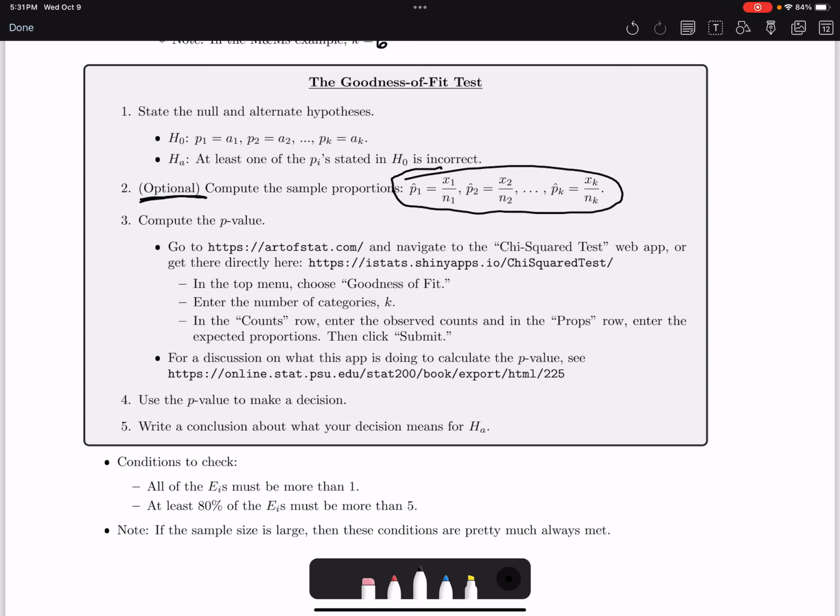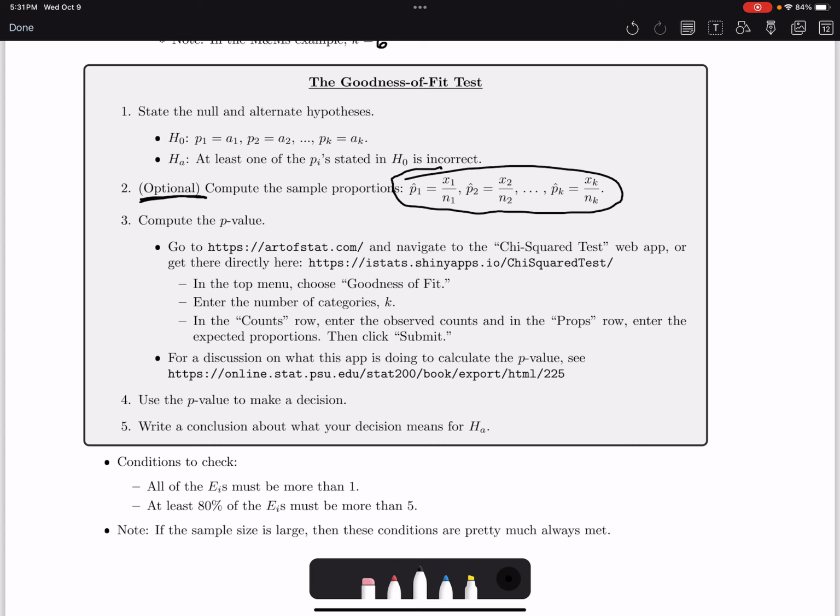Fortunately, when we run this test in the app, it will do a lot of that work for us, although it might not give us the sample proportions. We can play around with it and see if we can get it to give us sample proportions, but it will definitely give us expected values and observed values. And we can base some of our reasoning off of comparing the expected values and the observed values.